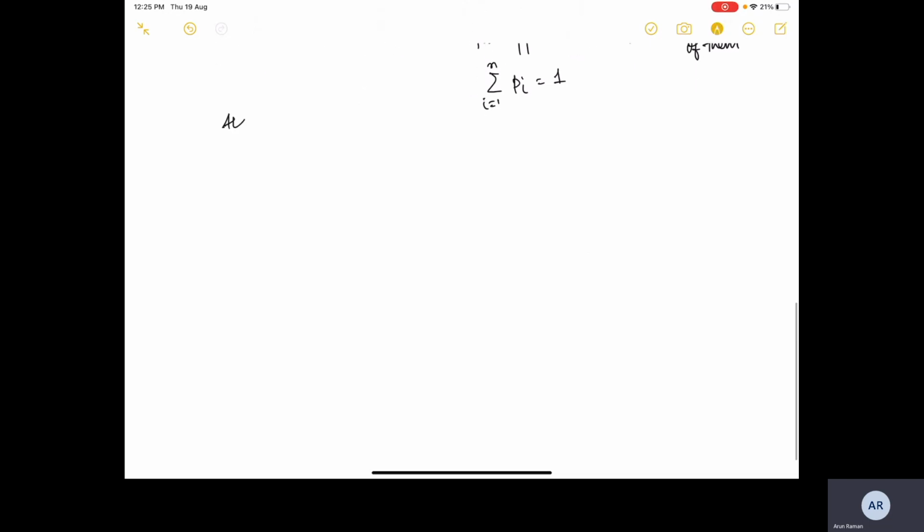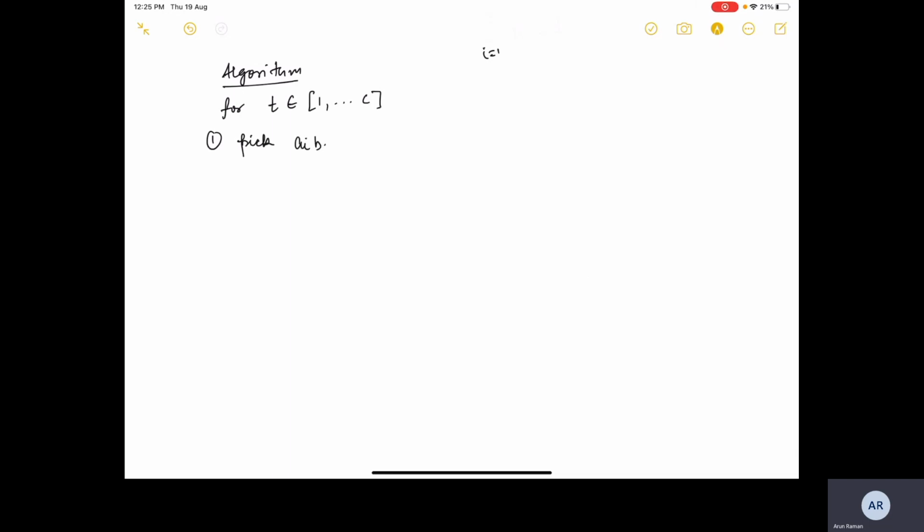But before going forward, let us write down the algorithm that we have discussed. The algorithm is quite simple. Here we say that we are picking those terms with replacement.